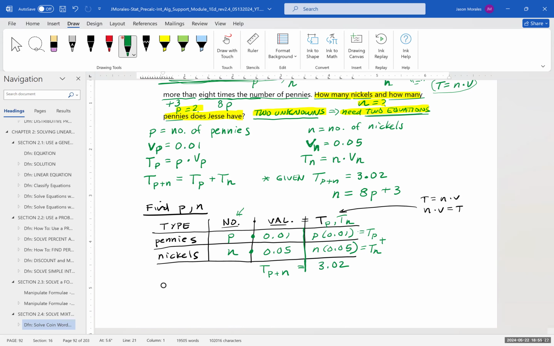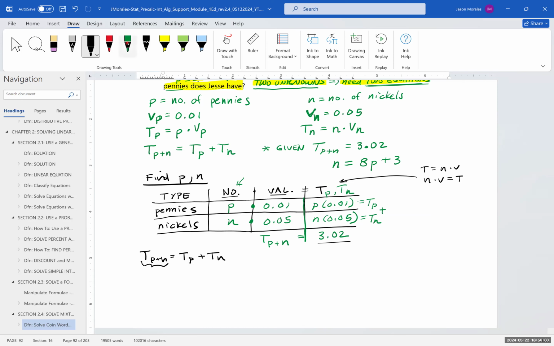So we know that this total comes out to 302. And the total in pennies is this value over here. And the total for our nickels is this value right here. So we have this amount plus this amount equals this amount.